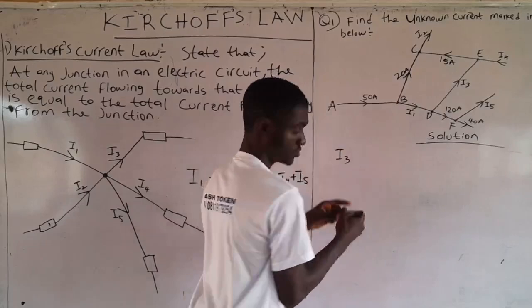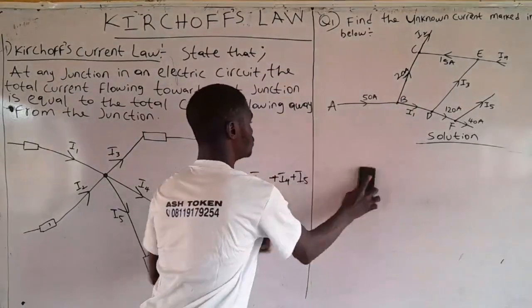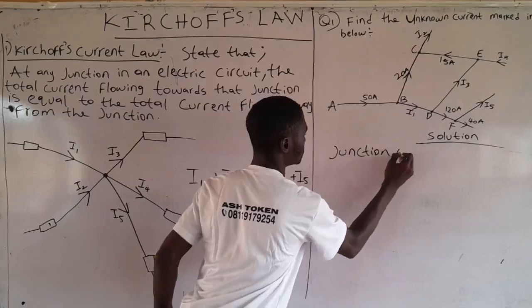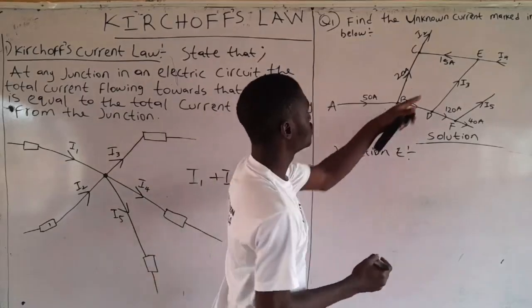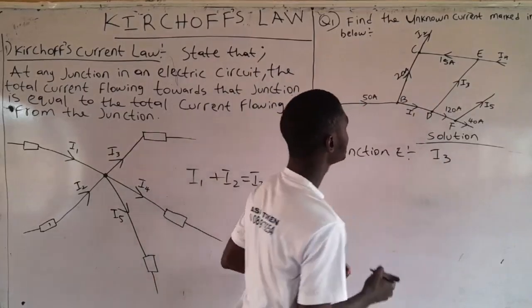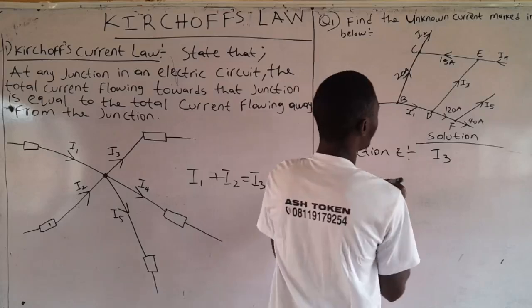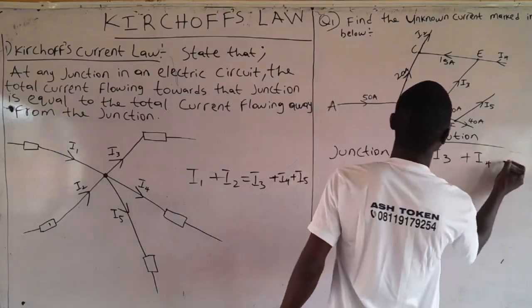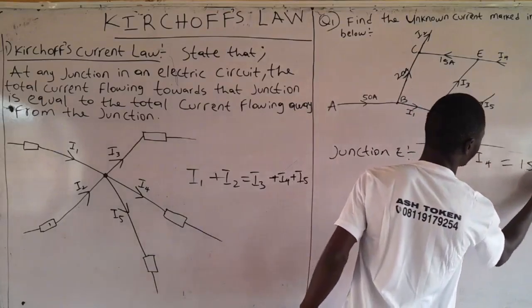Let me write it out for you. Junction E: I3 is entering the junction. I3 plus I4 entering the junction is equal to I5, 15 amperes leaving the junction.